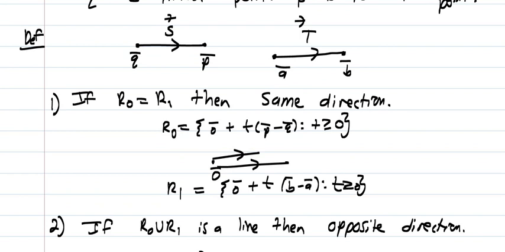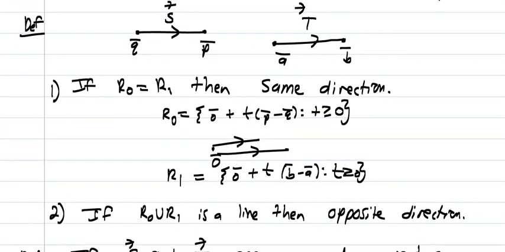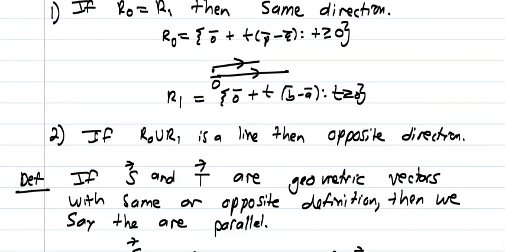All that you need to know is how to turn a geometric vector into a ray. You turn it into rays starting at the origin. So the direction of geometric vector S is P minus Q, and the direction for geometric vector T is B minus A.